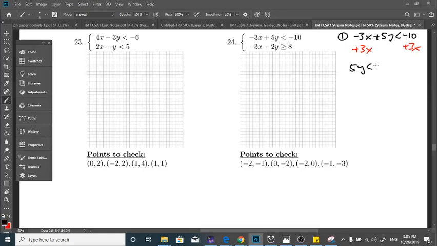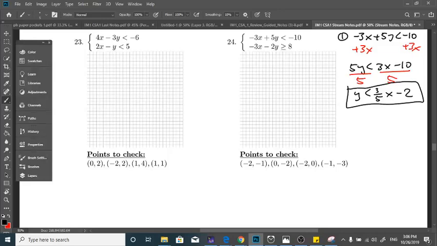That's technically correct, but it's going to be easier this way. And then we get y is less than 3 over 5x minus 10 over 5, which is 2. So we get that. So this is one of the equations. Next one, or not equation, inequalities.